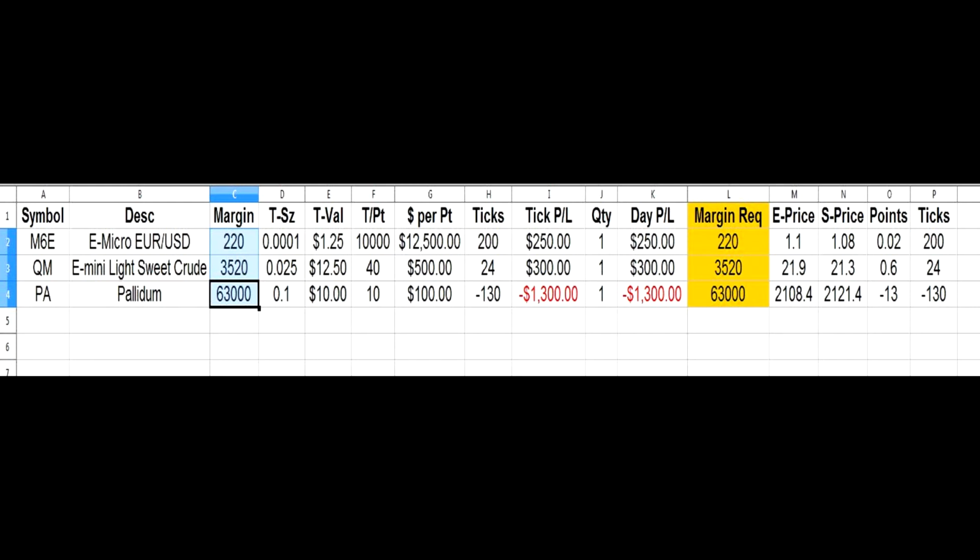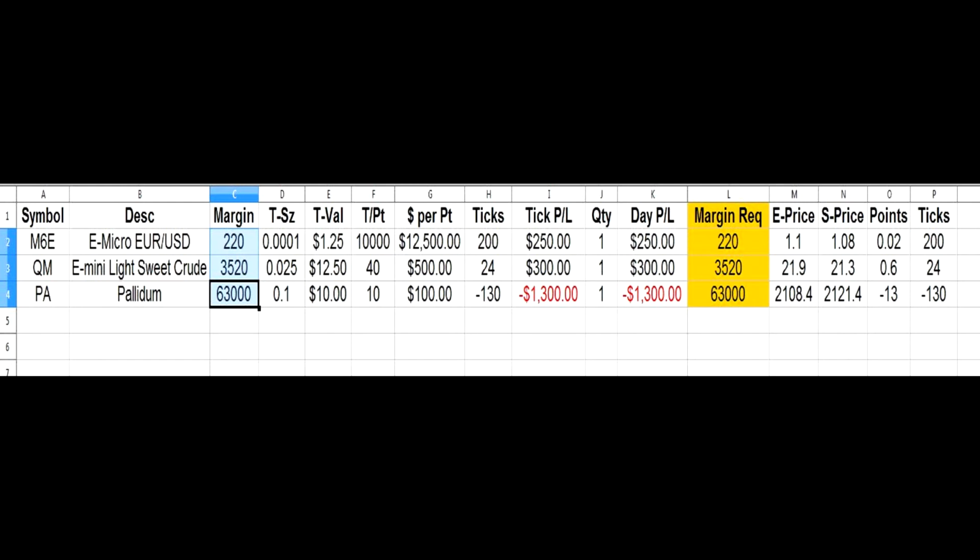So for those of you that are intimidated by trading futures and you're scared to trade futures, it's too complex, you don't want to lose money, you know what? You could start with M6E, E-micro Euro US dollar futures. Those are currency futures, because the margin requirement is only $220 per contract.